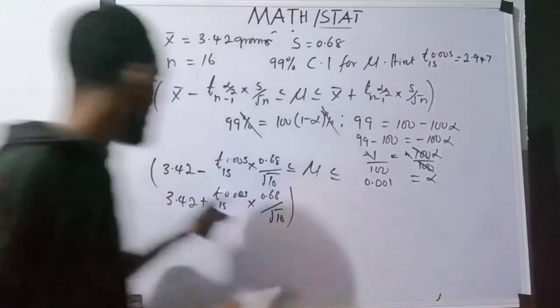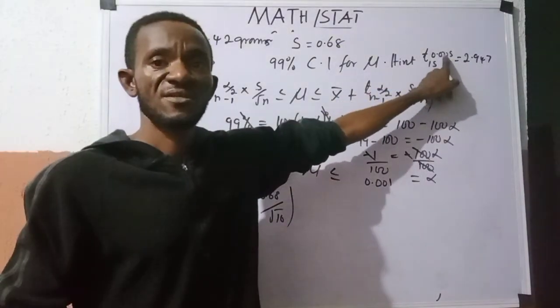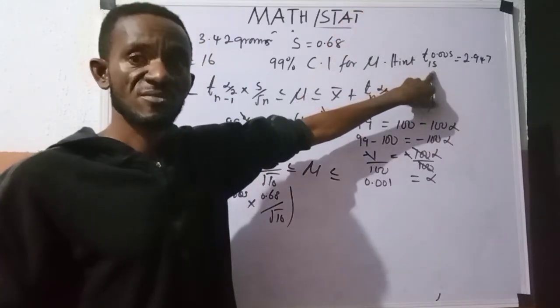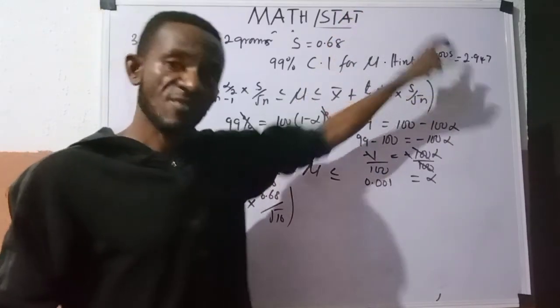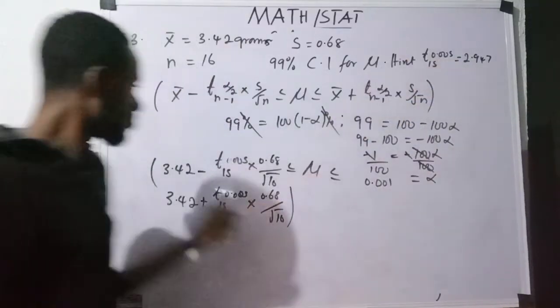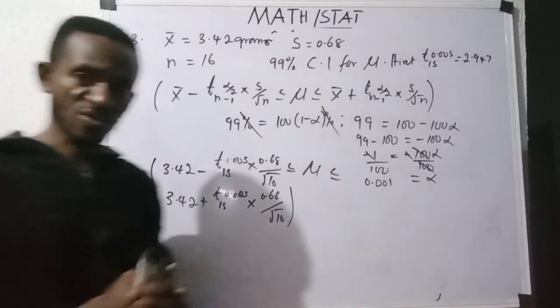Look at it here, t15 of 0.005: that is the student t distribution of 15 degrees of freedom with this level of significance. So you just need to put up the value here and multiply out, and whatever you get becomes the value.